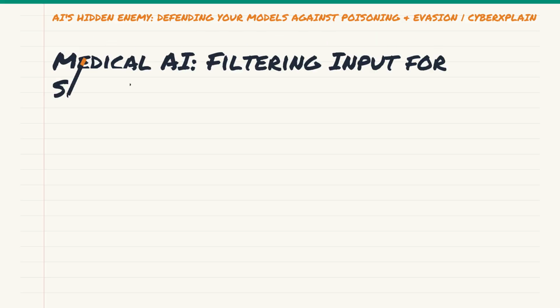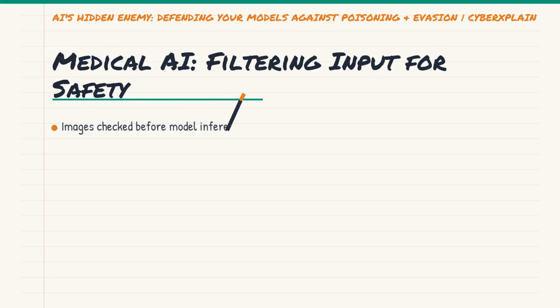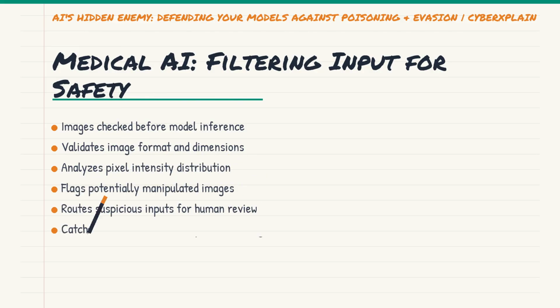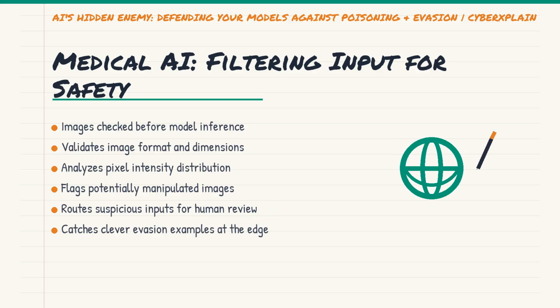For our medical AI, this means that every single diagnostic image submitted by a doctor or clinic goes through a battery of checks before the model sees it. We'd quickly check for valid image formats, expected dimensions, and perhaps run a simple statistical analysis on pixel intensity distribution.